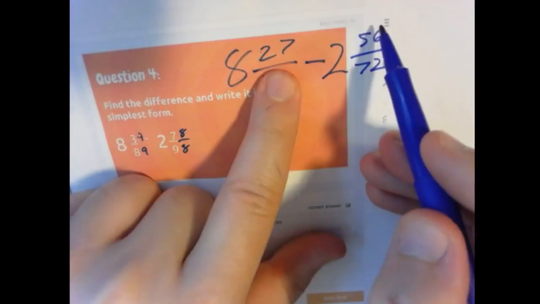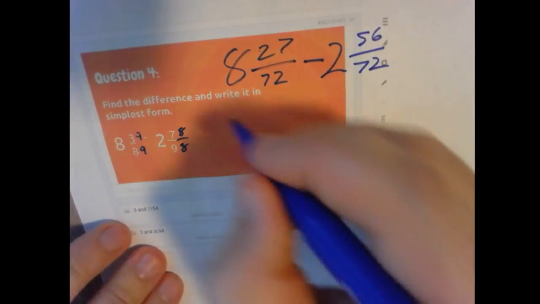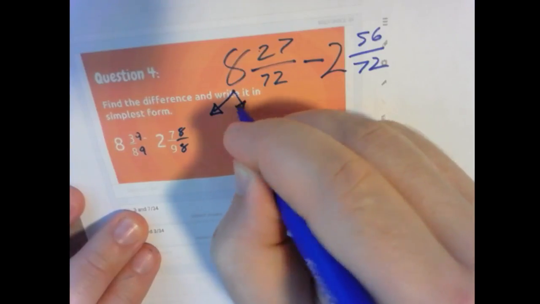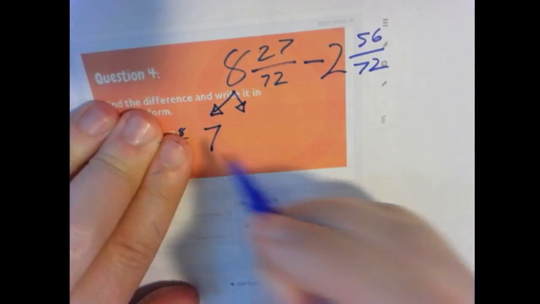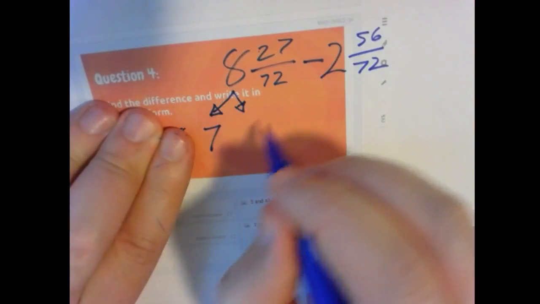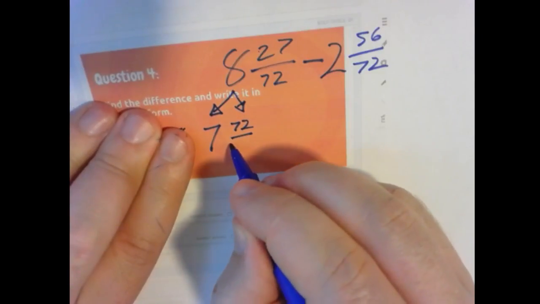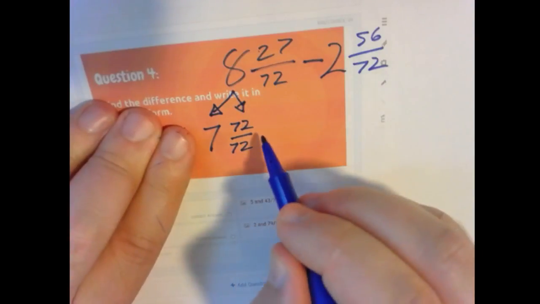Now 27 minus 56 would give us a negative number, so we need to do something first. I'm going to split this stack of hot pizzas into seven full unopened boxes and a brand new open box of 72 slices, and then these cold 27 slices.